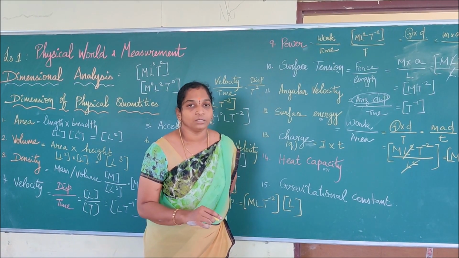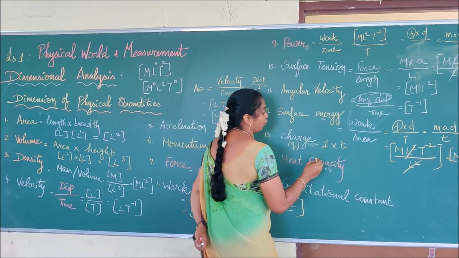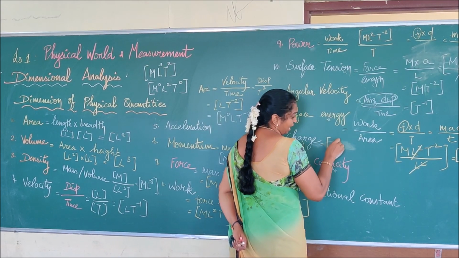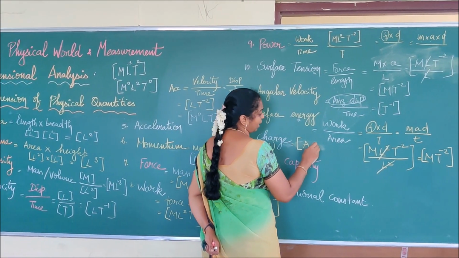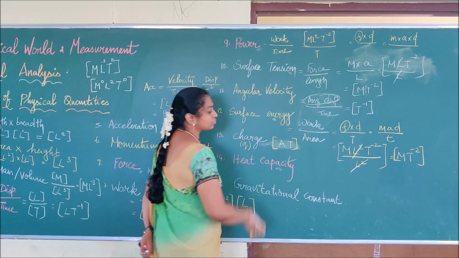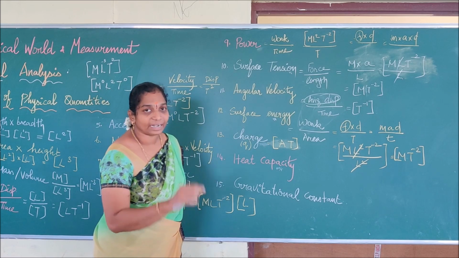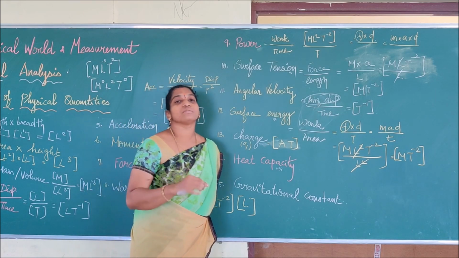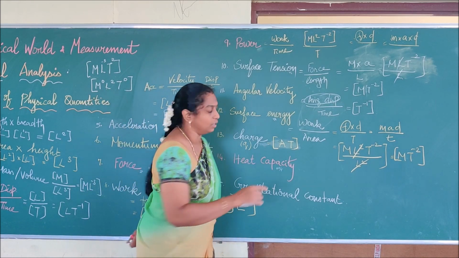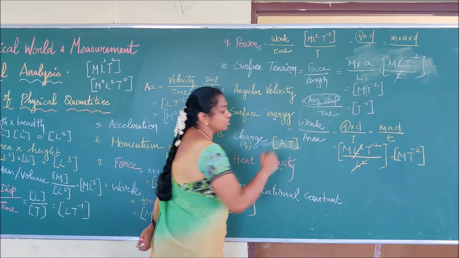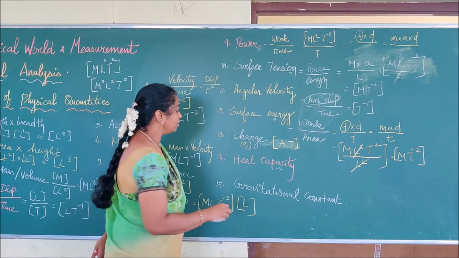Yes, it is capital A. Ampere is A. So what is the formula for charge? Charge is equal to current into time taken. The dimensional value of current is ampere, so capital A, and time is capital T. Therefore the value is AT. Is it clear to you?